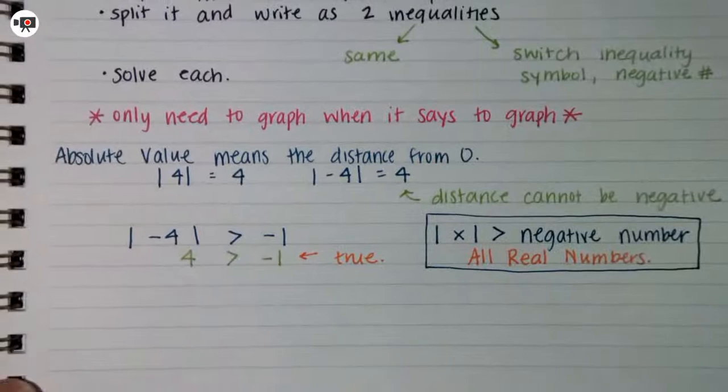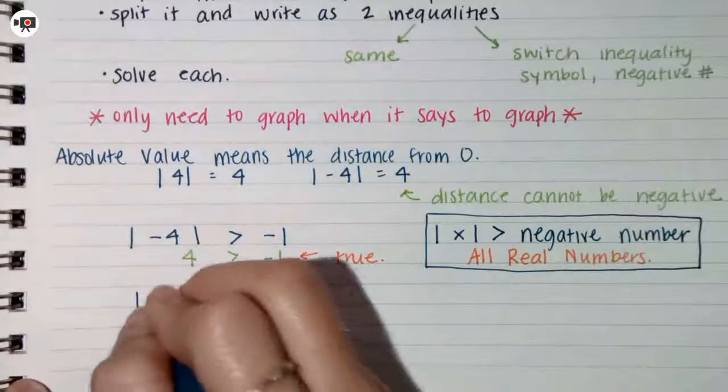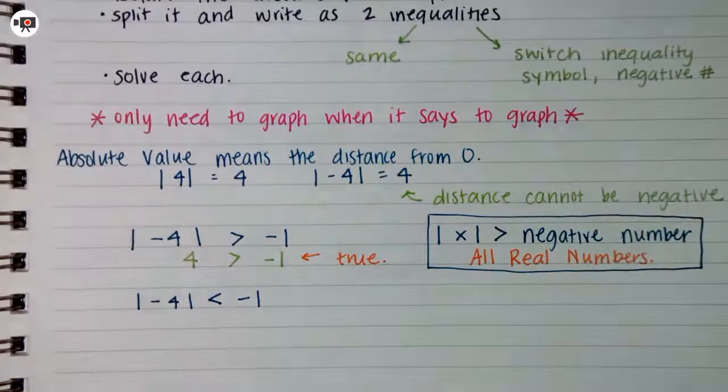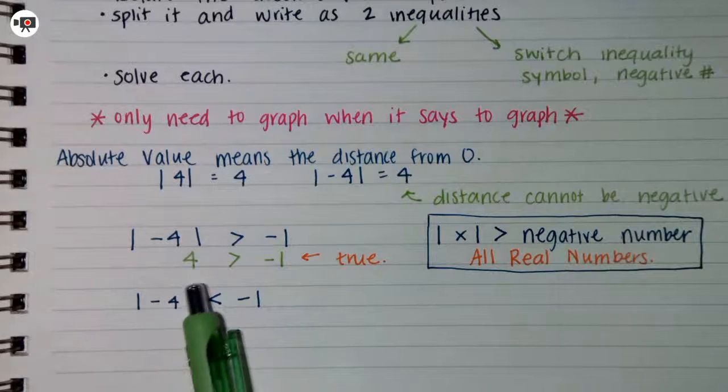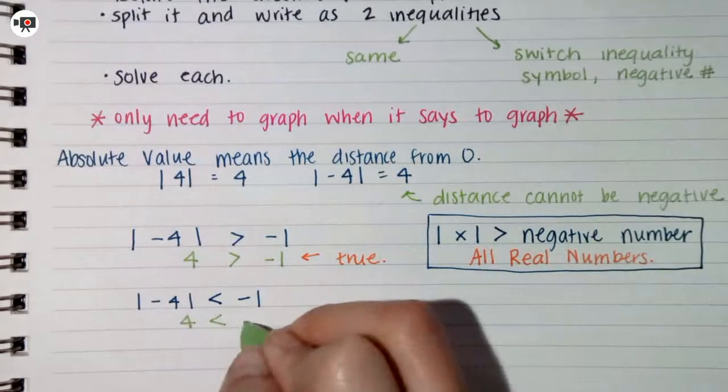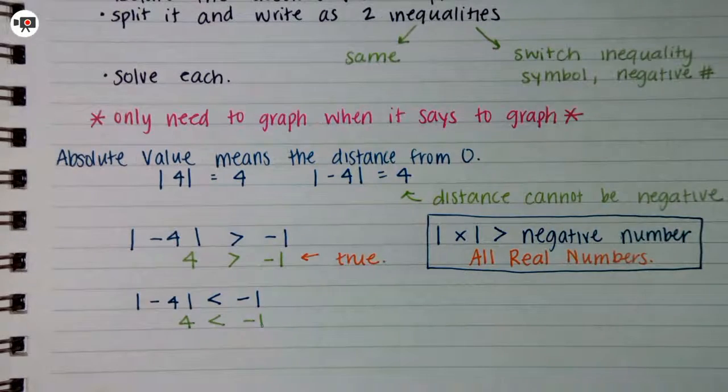On the other hand, if you have the absolute value of negative 4 is less than negative 1, this means the absolute value of negative 4 is 4, which is less than negative 1. This is not true.